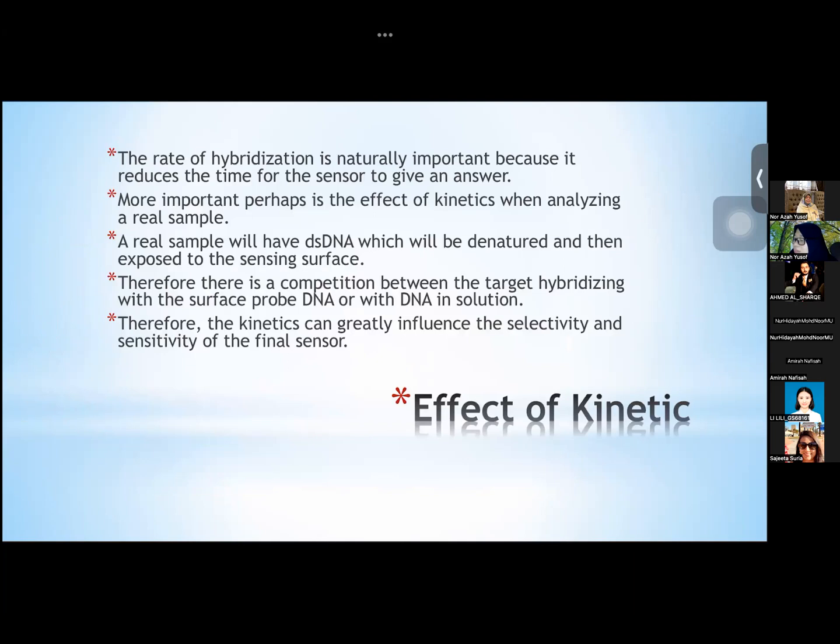So now, the effect of kinetics. Okay, so it's quite easy. Usually, the main factor is temperature. You have to use a suitable temperature, for example 40 degrees. Probably starts from 37, 40, or 45 degrees.